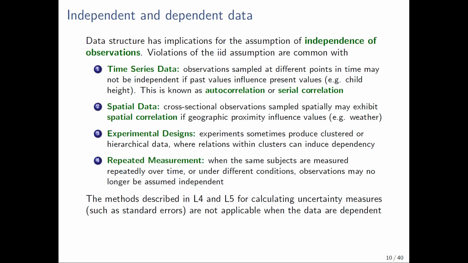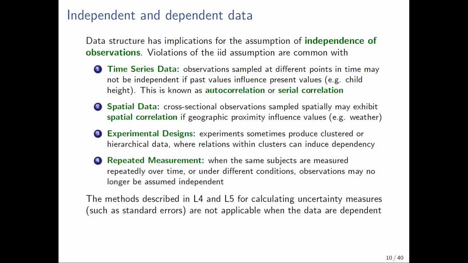Second, we have spatial data, in which cross-sectional observations are sampled spatially, and that may exhibit spatial autocorrelation when geographic proximity influences values. If we think of a weather map, nearby places tend to have far more similar weather than places further away. Third, experimental design.